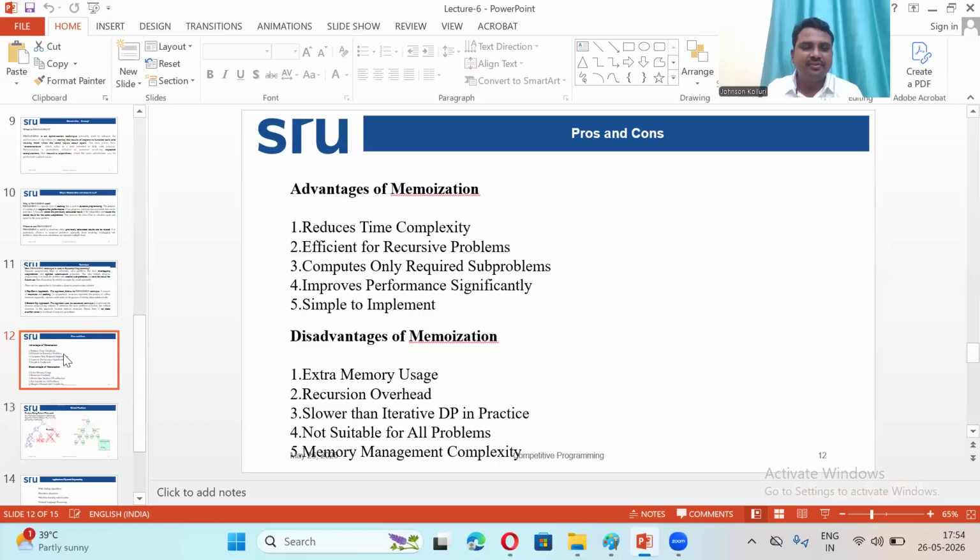Slower than iterative DP in practice. They're a little bit slow. Not suitable for all problems. We cannot say this is best for all. We will get the optimal solution, but we cannot say this is suitable for all problems. Memory management is complex because every function call needs some separate memory.